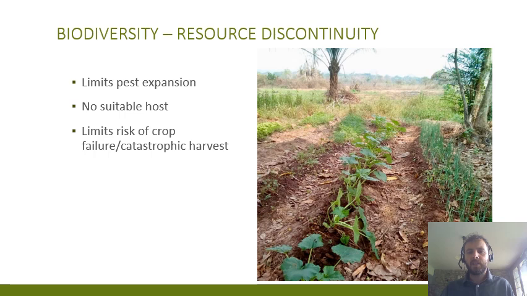This means that if you have different plants and different crops on your fields, in comparison to just one crop, the pest and the disease will have more difficulty getting from one host plant to another, because most of the pests and diseases only attack one of your crops, unless you put similar crops on the same field, which is not advisable. But if you put crops from different families, you shouldn't have a disease or a pest that attacks both.